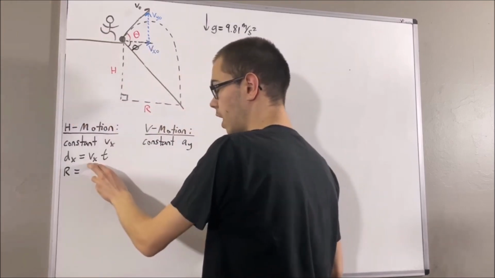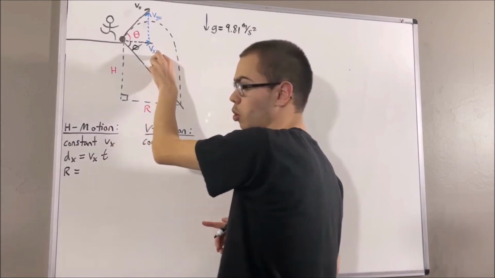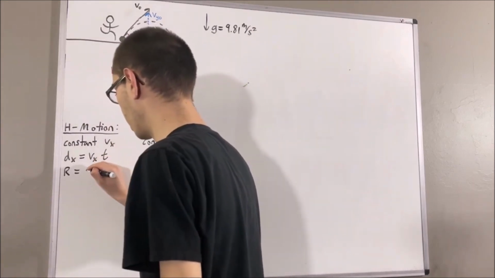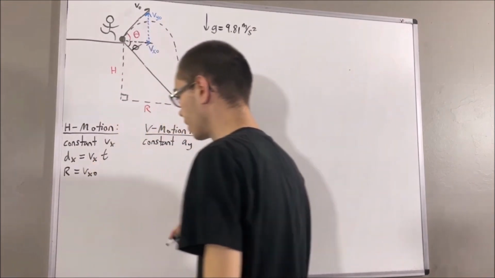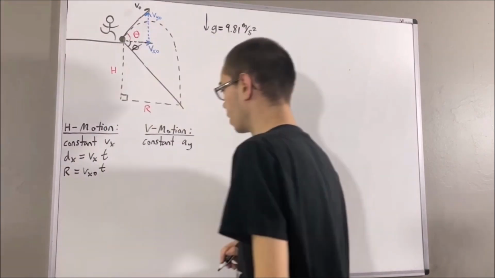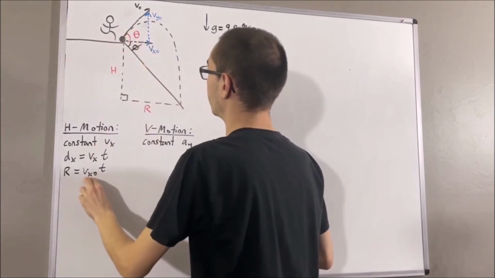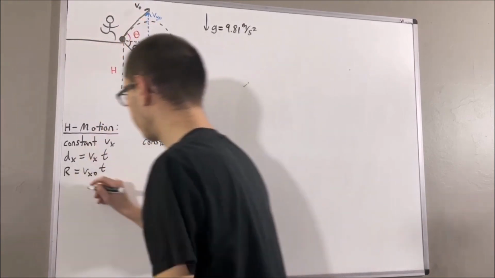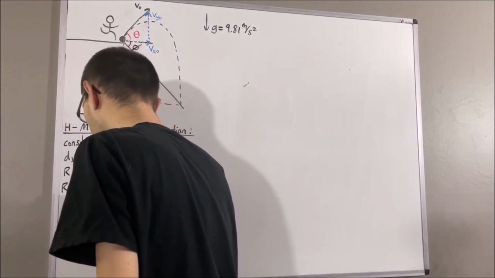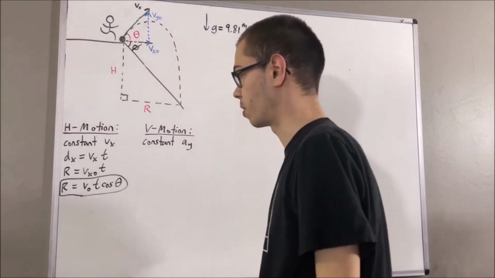And the horizontal velocity is constant, so the horizontal velocity must be equal to the initial horizontal velocity. So I'll replace Vx with Vx0, and t is just the time it takes for the ball to go from here to here. Now, using trigonometry, we have Vx0 equal to V0 cosine theta. So this is what we get when we analyze the horizontal motion of the ball.